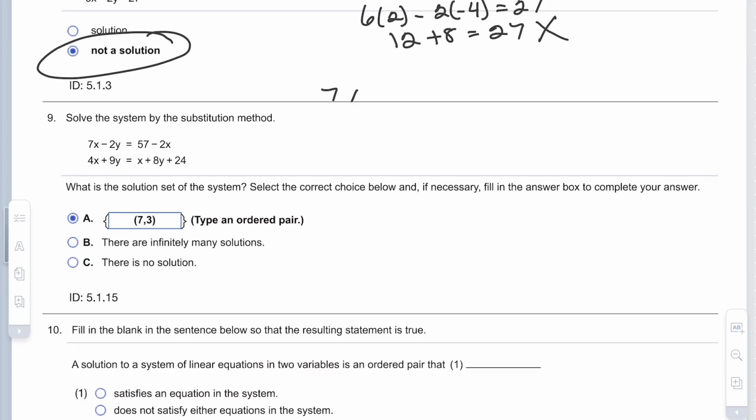And then for this one, I'm going to not talk so much through it, but you definitely do want to be careful because there's so many variables all over the place. But you can, to use the substitution method, you need to simplify a little bit before you do that, so you can just follow along.